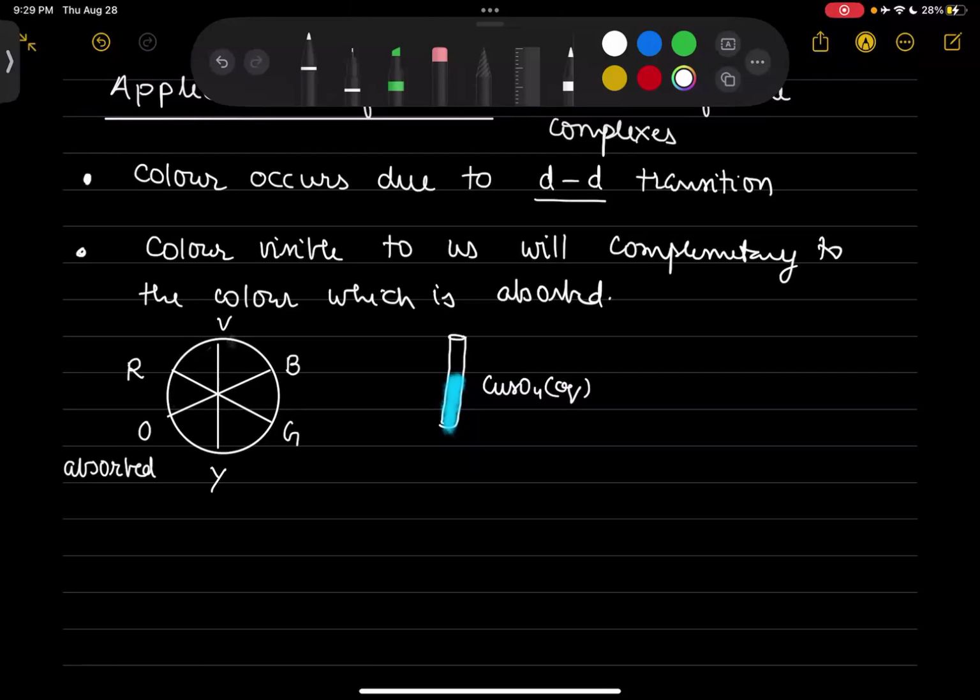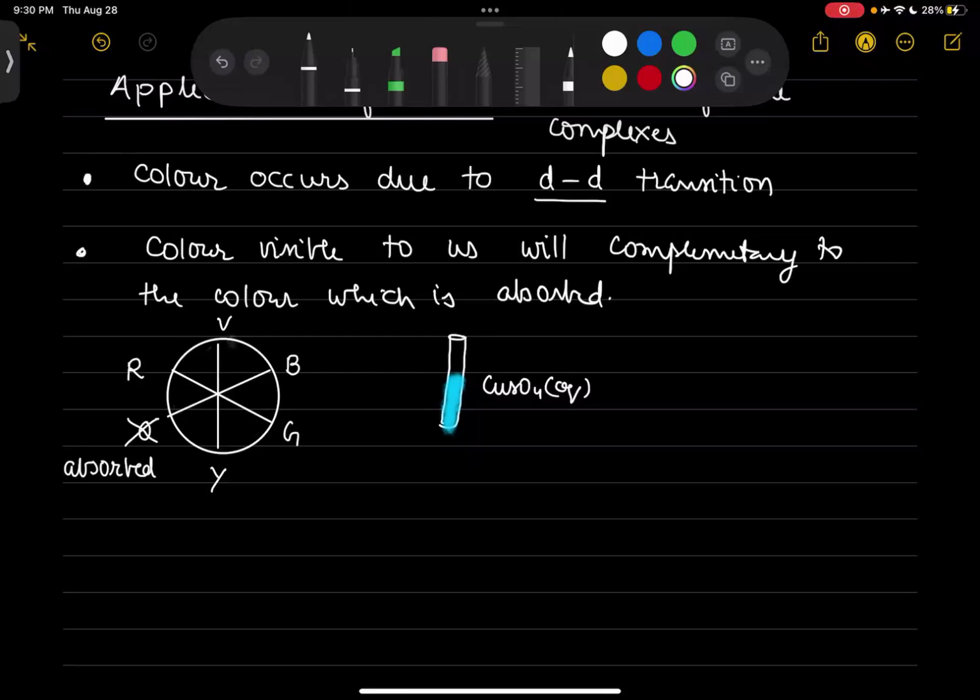So that whole white light is made up of these colors, you know. And orange color is absorbed by the copper sulfate. So this is missing. And if this is missing, what color will be visible to our eyes?